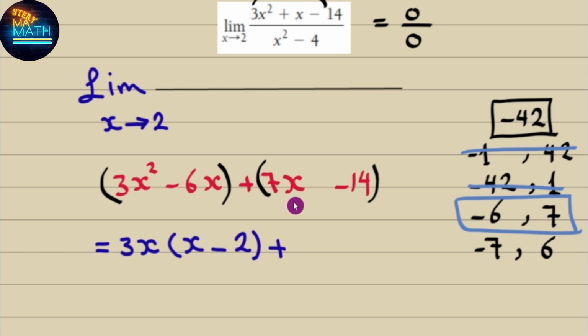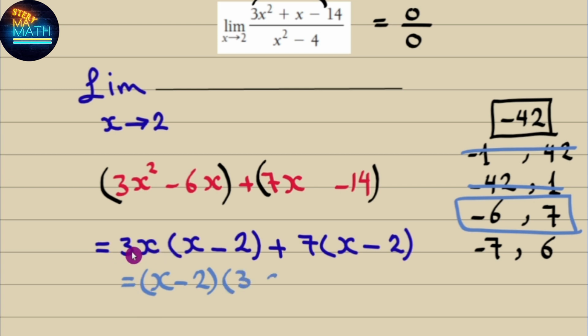And here in the second group, you have 7x minus 14, and 7 is the common factor, so 7 is outside the parentheses, and 7x divided by 7 is x, minus 14 divided by 7 is 2, so you have x minus 2 as a common factor again. So x minus 2 in the first parentheses, and in the second parentheses you have 3x plus 7.